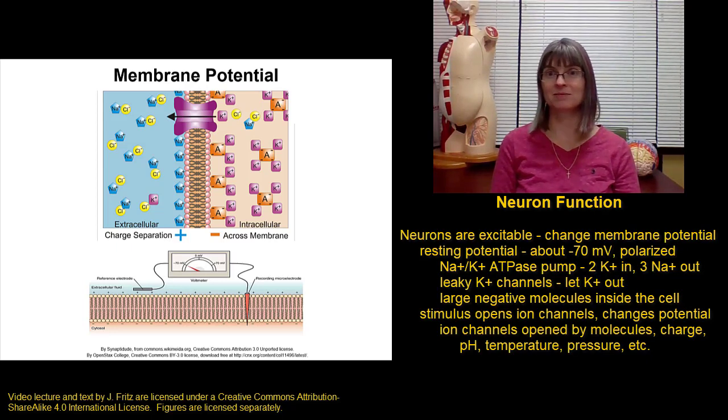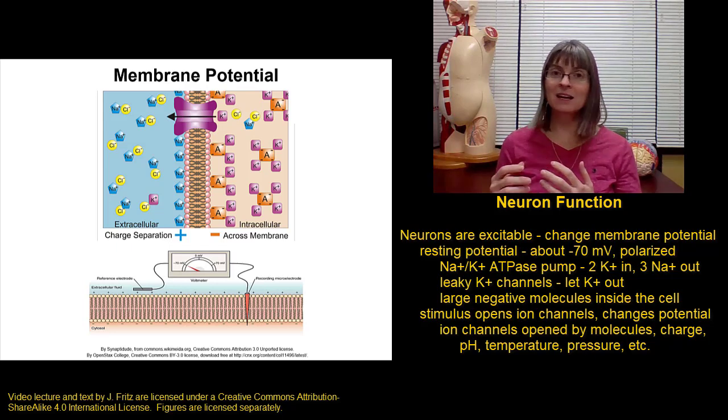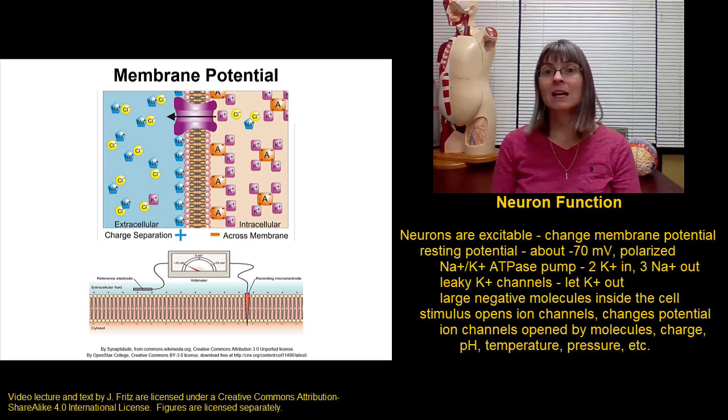When the neuron receives some sort of a stimulus, it changes its membrane potential by opening ion channels. Opening ion channels lets ions go in or out of the cell. That changes the positive and negative balance, and it changes the membrane potential of the cell. Neurons have ion channels that can respond to a lot of different things. Depending on what the neuron is able to detect, it may have ion channels that respond to chemicals binding to them.